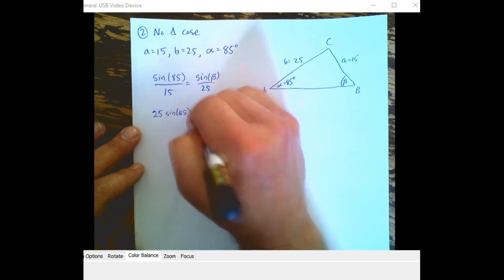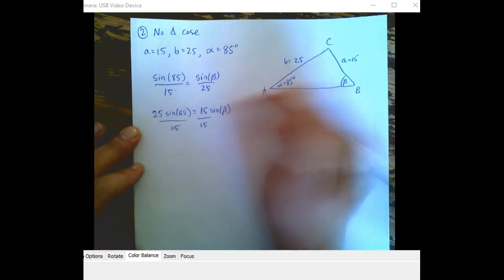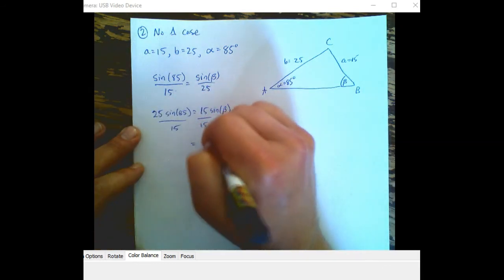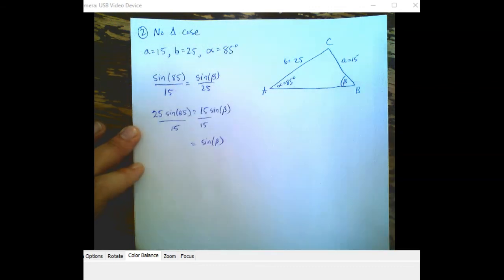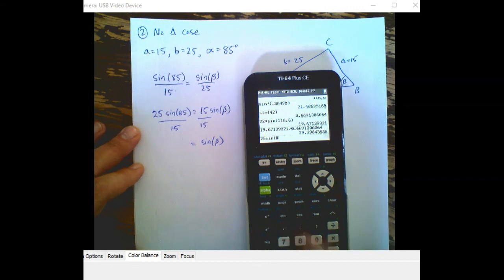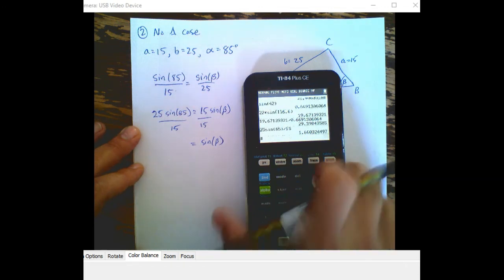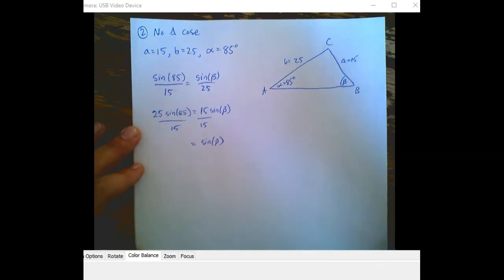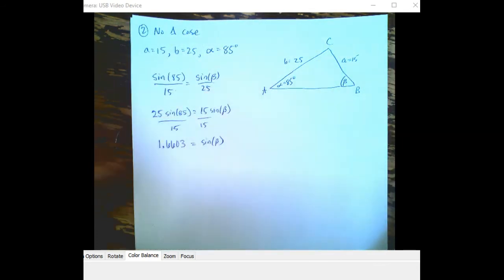And divide both sides by 15. So the sine of beta will equal this product here. We can put it all in the calculator at once. 25 sine 85 divided by 15. That gives us 1.6603. Okay.